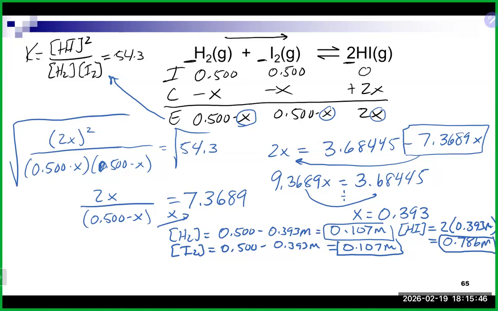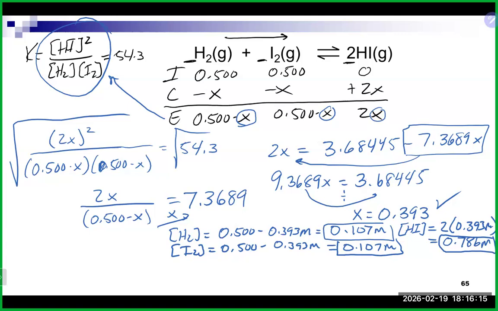Once again, we could check it. So if I take my 0.786 and square it and divide it by 0.107 and divide it by 0.107 one more time, I end up with 53.96 or 54, which is pretty close to my equilibrium constant value. So once again, once you have your equilibrium concentrations, you can stick it back in there and make sure it's pretty close to the K value.